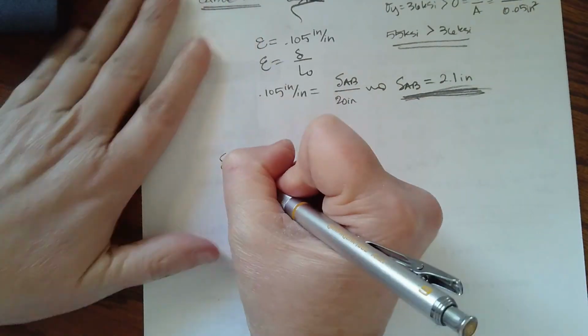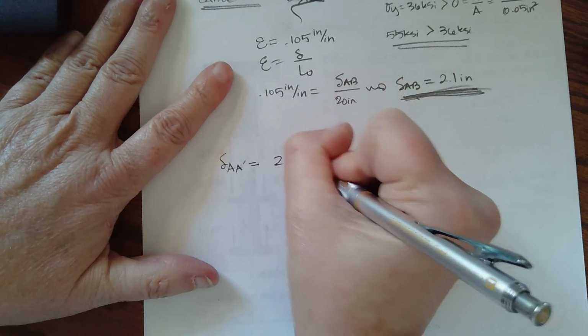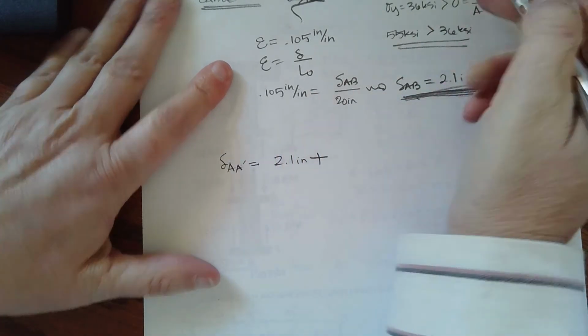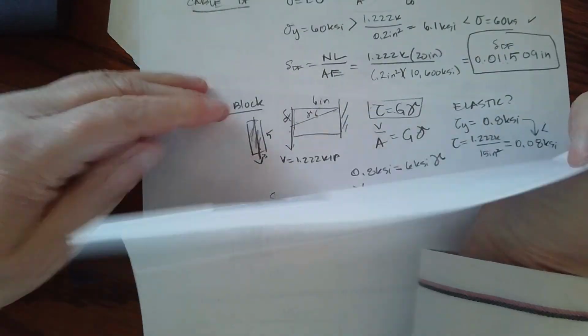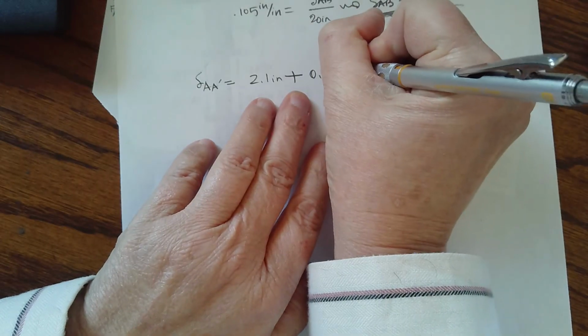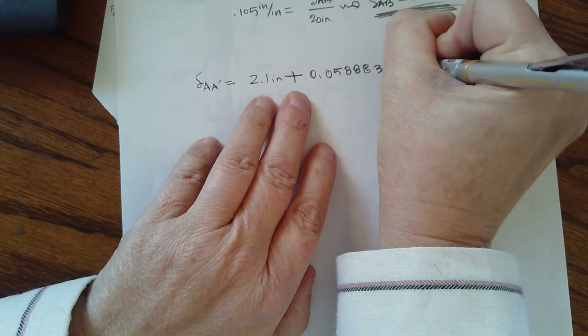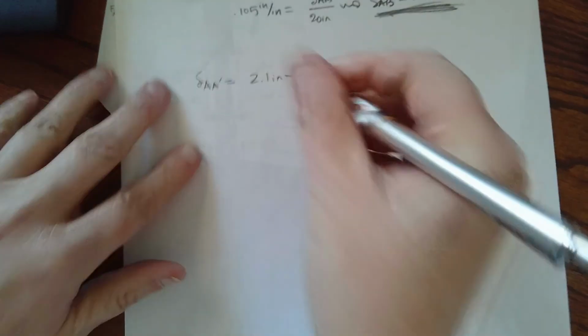So the change in position from A to A prime equals 2.1 inches plus that delta B to B prime, which we found was, here it is, right here, 0.0588837 inches. It also displaced down.